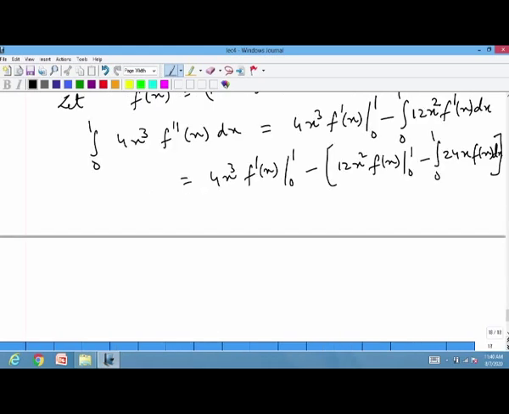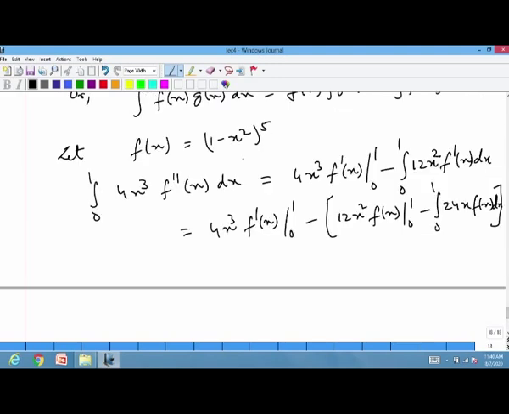Now, since f x is equal to (1 minus x squared) to the 5, what is f prime at 1? This will be equal to 0, because you can differentiate this and then put x equal to 1, and you have a 1 minus x squared factor.